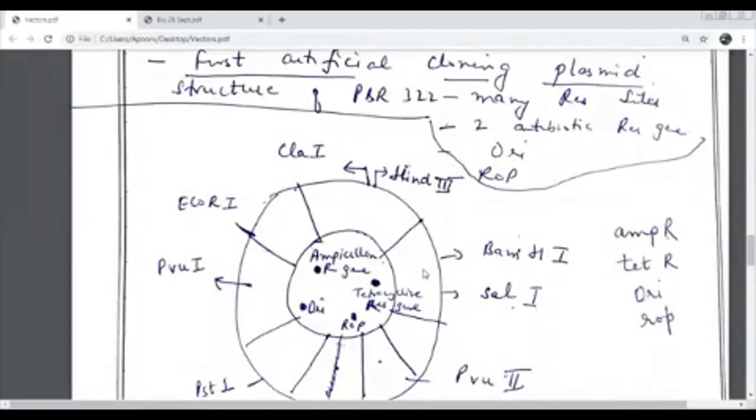B and S. You can't think of anything about B and S. Ma'am, biology students. चलो, very good, excellent. We got a clue. Biology students हमेशा सबसे आगे रहते हैं. They are always number 1, and they are Hindustanis also. So we'll take it as BAM H1 and student number 1. So BS is BAM H1 and SAL1.